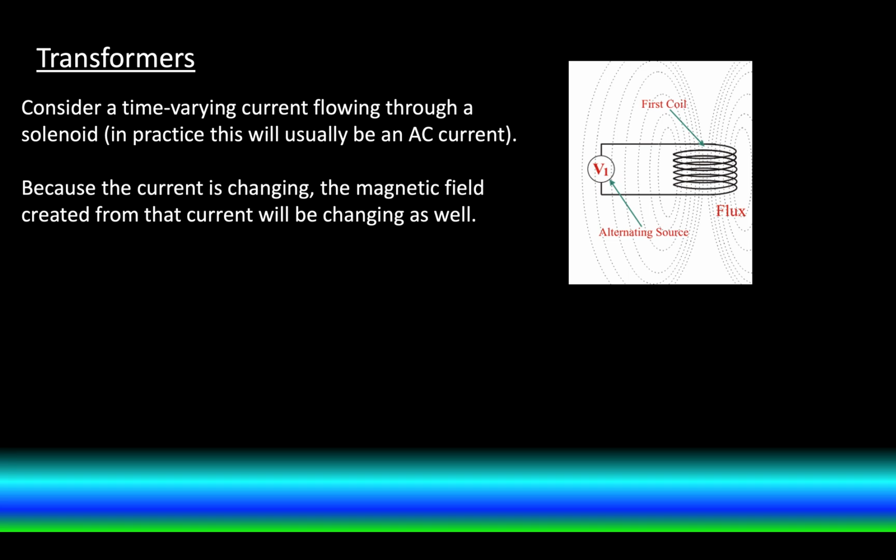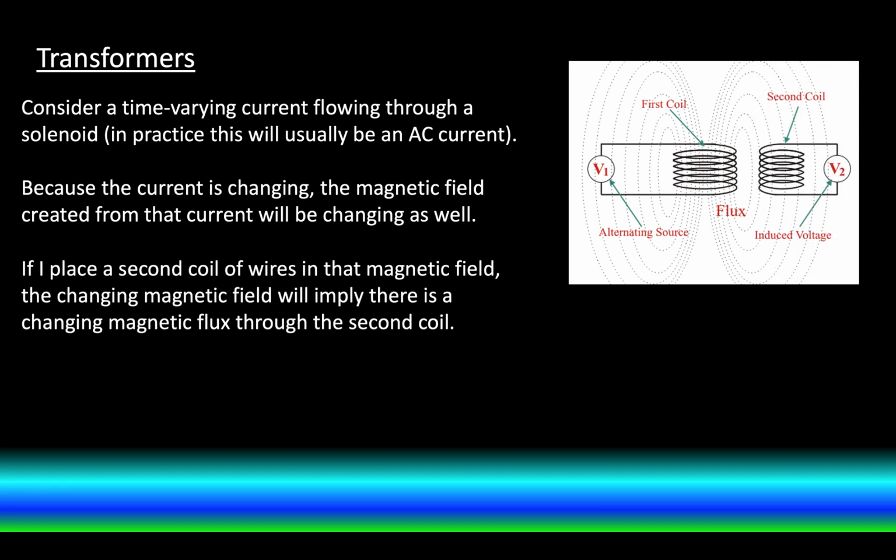I could imagine that if I were to take a second solenoid and place it close to the first solenoid, some of these magnetic field lines will pass through the loops of the second solenoid. Because we have magnetic field lines passing through the loops of the second solenoid, there will be a magnetic flux through the second solenoid.